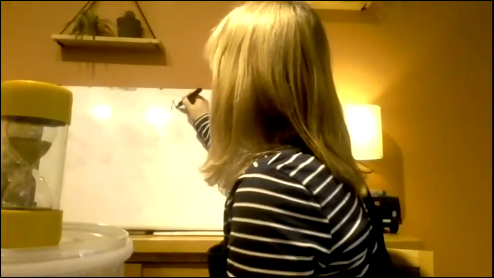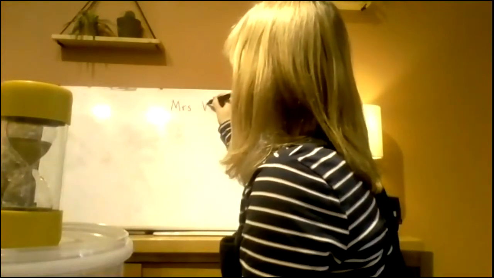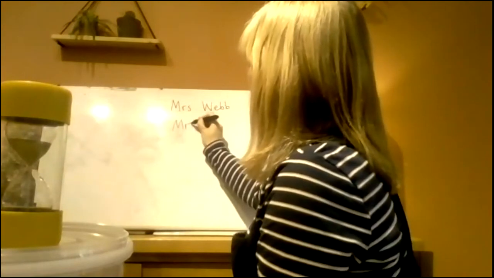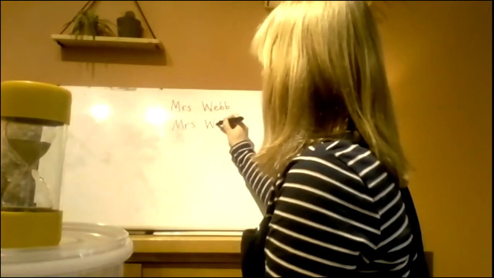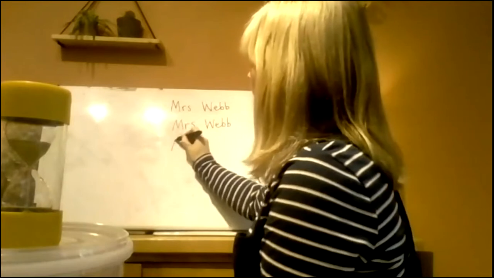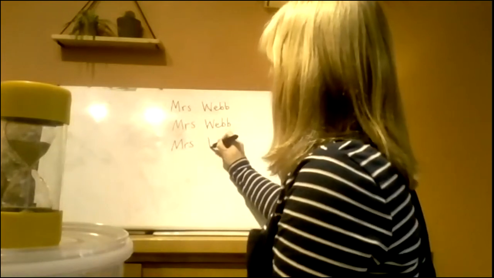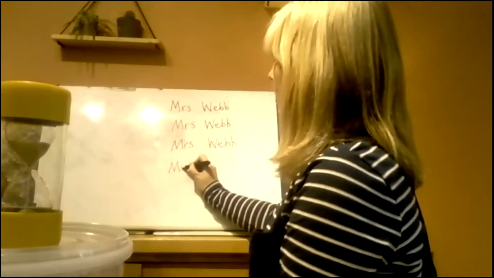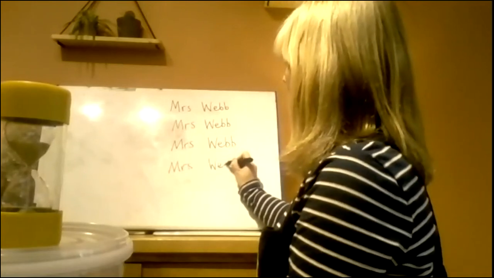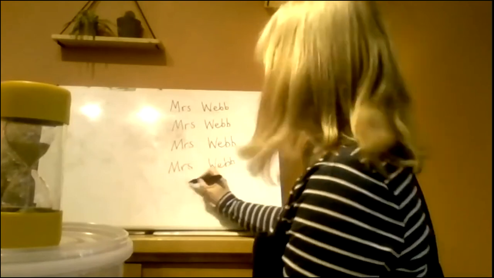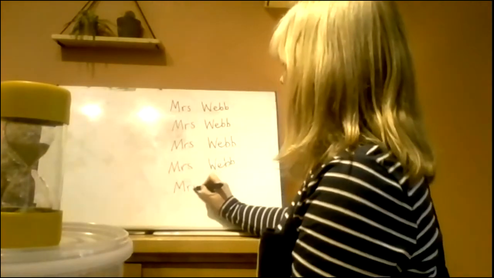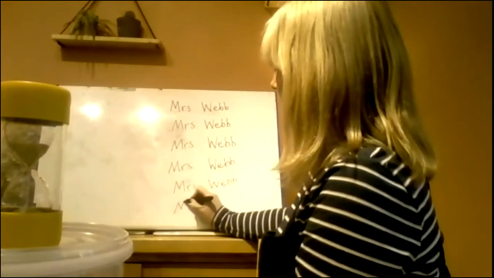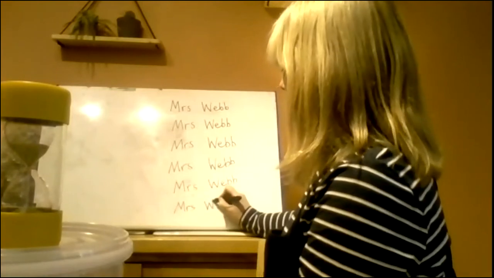Off I go. Mrs. Webb. I'm trying to do it quickly, but not too scribbly. That's quite tricky. Mrs. Webb. Oh, still got quite a bit of time left. Mrs. Webb. I've got an aching hand now, writing the same thing again and again and again.